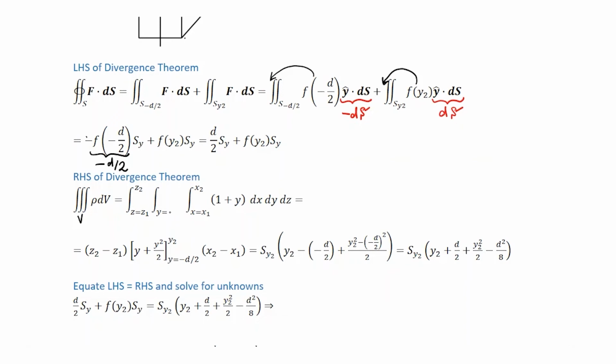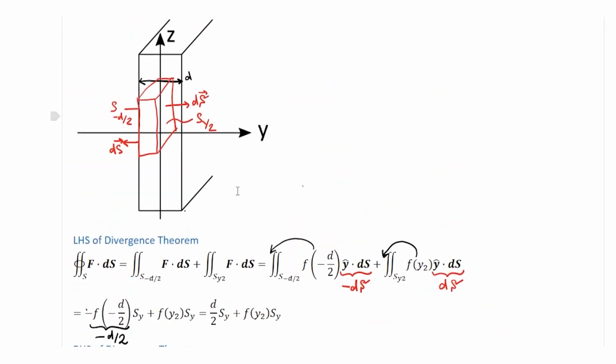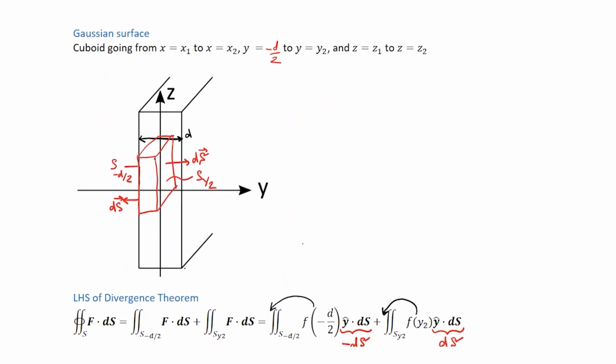For y, we have integration from negative d over 2 to y2. Remember the issue with having to only integrate over the actual charge? In this case, we don't need to worry about it because our Gaussian surface is entirely filled with a portion of the charged slab. There is no empty space there. So integrating from here to here will give us the correct charge.